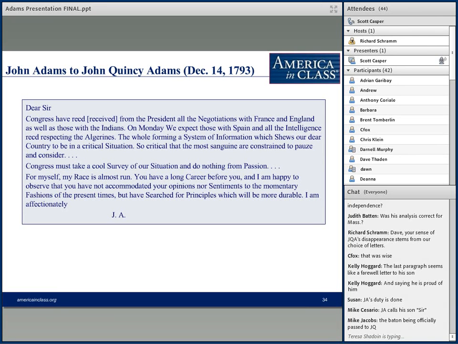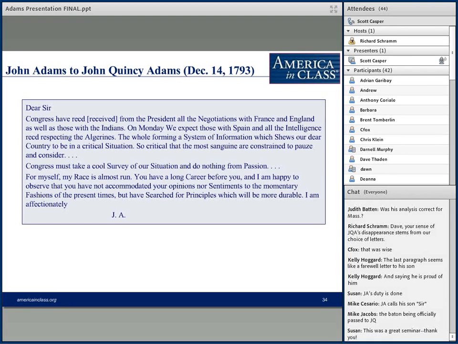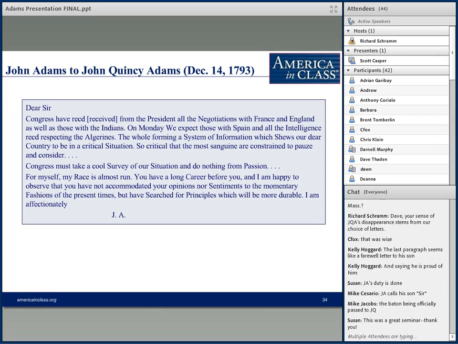You will not find Thomas Jefferson writing letters like this to his children because his children were all girls. And I think that what we see in these letters between John and John Quincy is an idea about fathers passing down ideas about leadership and education to their sons that you won't see in Jefferson.